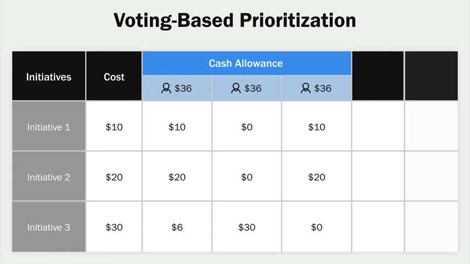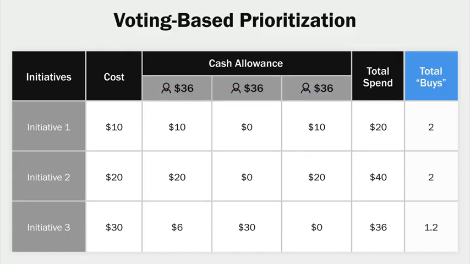Person 1 might be really interested in seeing Initiatives 1 and 2 work out, but also care about Initiative 3. They spend $10 and $20 on Initiatives 1 and 2, and the rest on 3. In contrast, Person 2 might believe Initiative 3 is the only important one to focus on, and choose to fund that. Finally, Person 3 might only care about Initiatives 1 and 2, and choose to fund those.